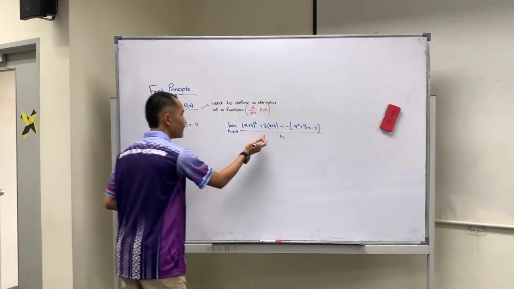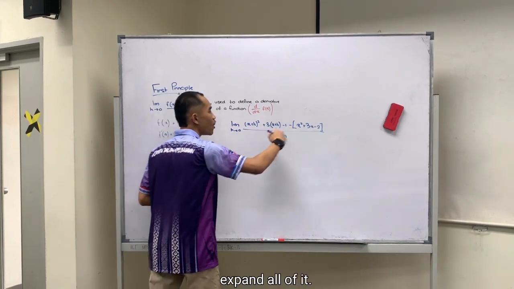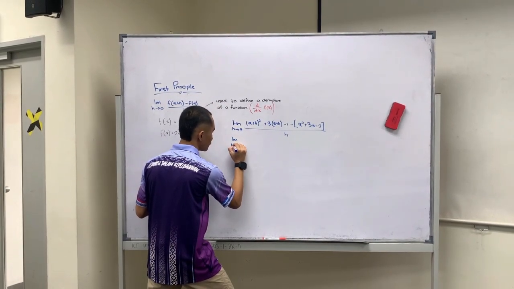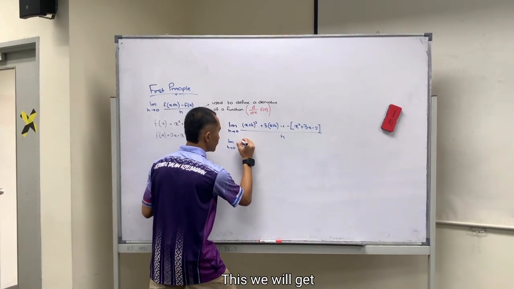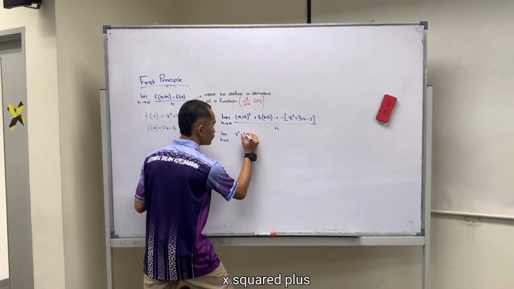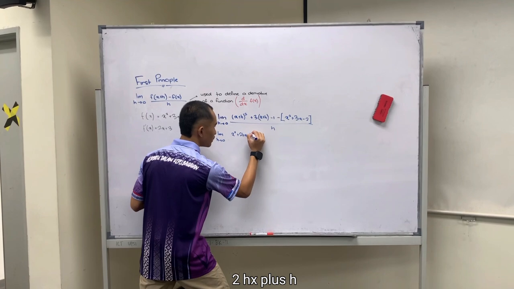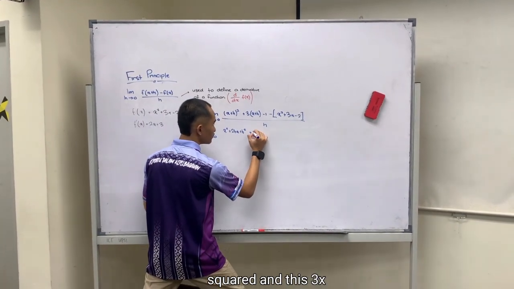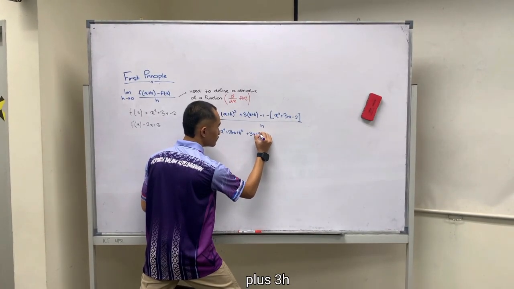Okay. After that, we expand all of it. We will get x squared plus 2hx plus h squared, and this 3x plus 3h.